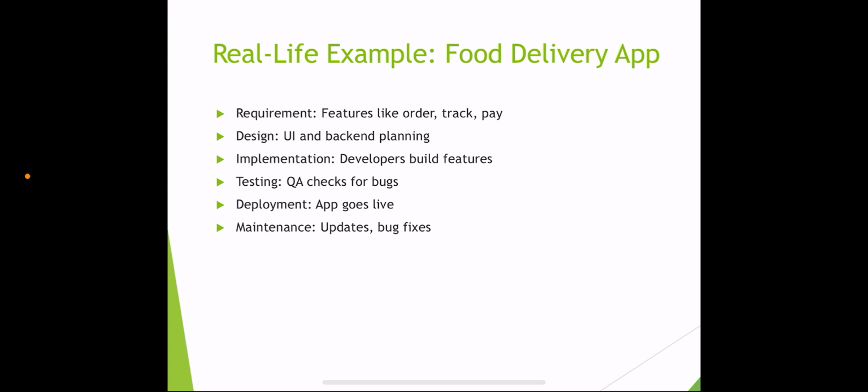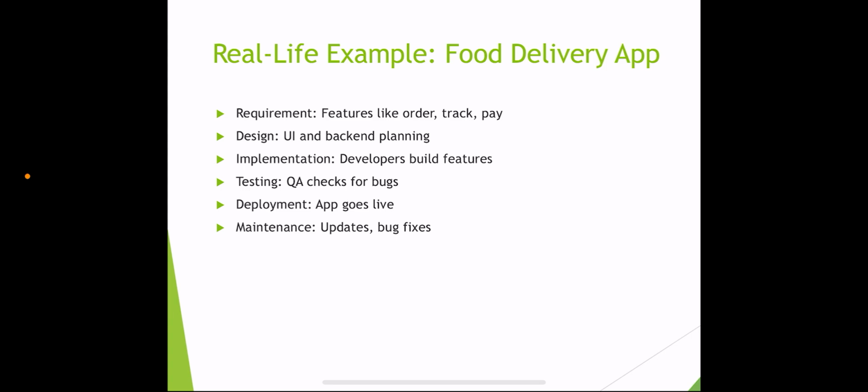So that is our full flow of the SDLC, how the software development life cycle works. Okay. For your understanding, we will take a real life example of a food delivery app.